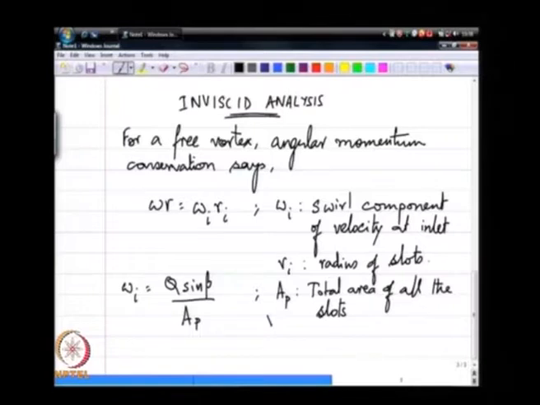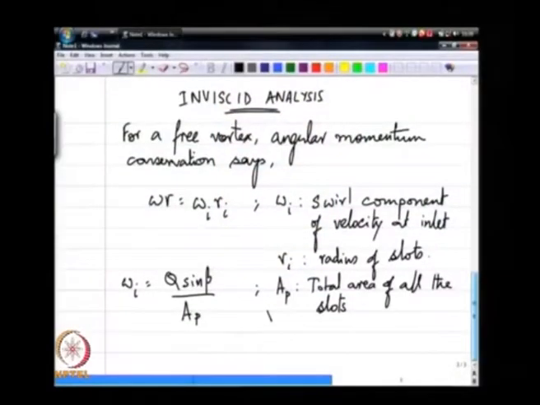Actually, angular momentum conservation alone does not require inviscid, it could be true even in a viscous flow, but we are only going to look at an inviscid analysis, as you will see a little later on.